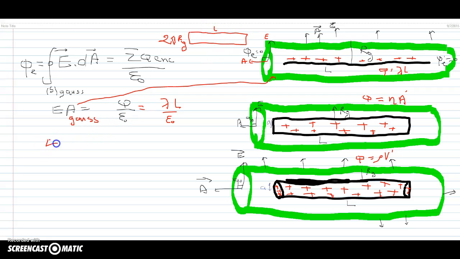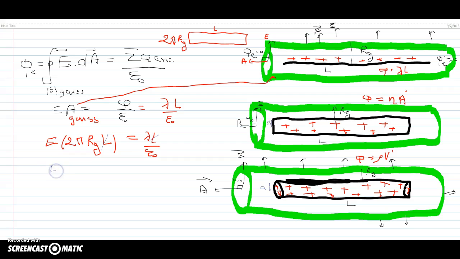So I will have E times 2 pi Rg, the radius of the Gauss surface, which is the distance we are looking for, times L, that's the area, equals lambda L over epsilon 0. Now I can reduce, so I lose L and L, and that's it.